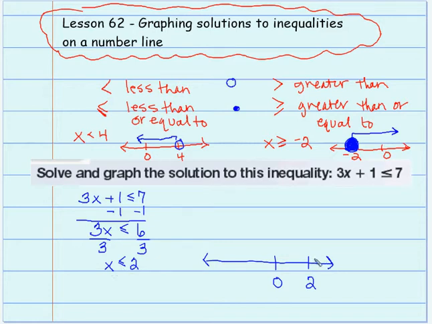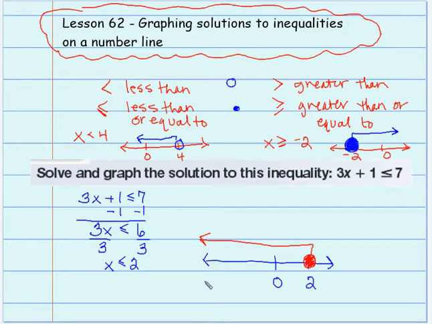So I know I need a circle on 2, and then I have to decide, does the solution include 2 or exclude 2? So does 2 make this statement true? Is 2 less than or equal to 2? Yes, it's equal to, so I'm going to shade in the circle. And then where are the values for x that would be less than or equal to 2? Well, they would be in this direction.